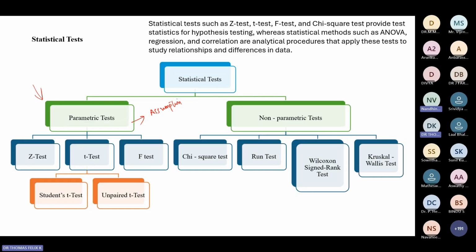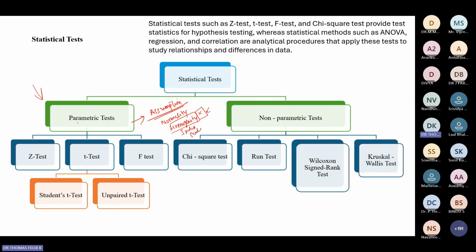The basic assumptions are the normality assumption, the homogeneity assumption, followed by the independence and the scale assumption. If it is only one variable, then these assumptions will not be applicable, but the remaining assumptions will be applicable.